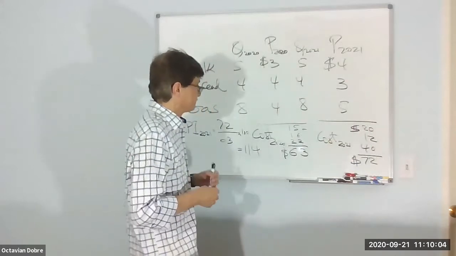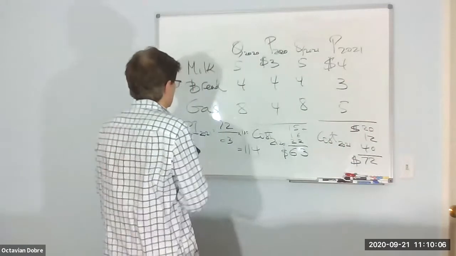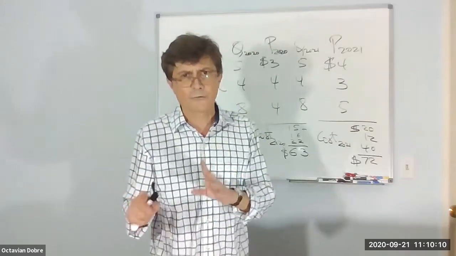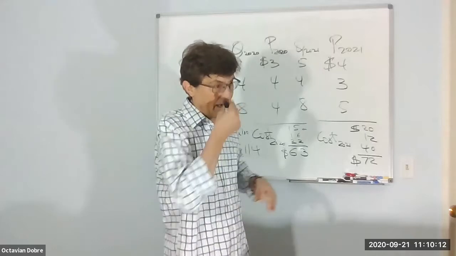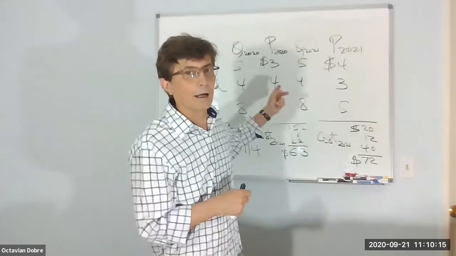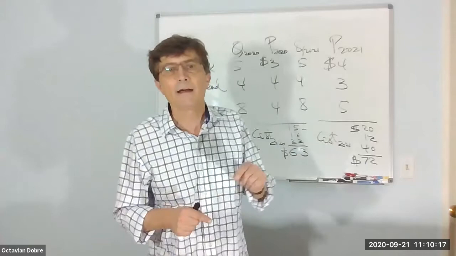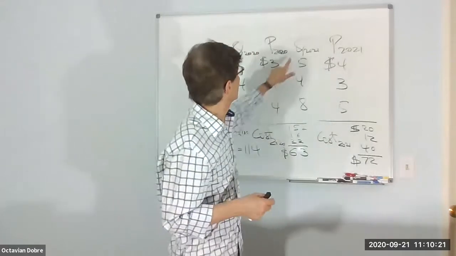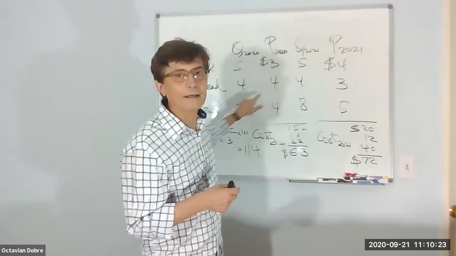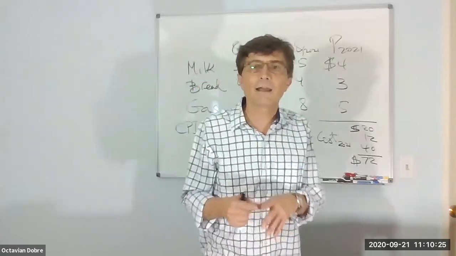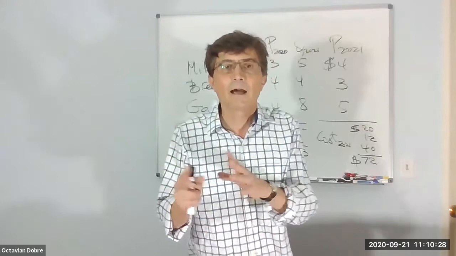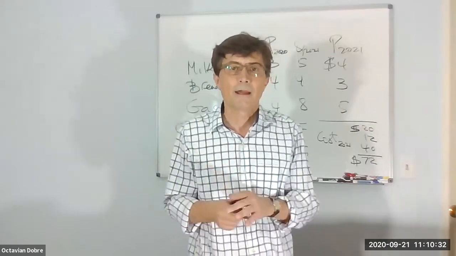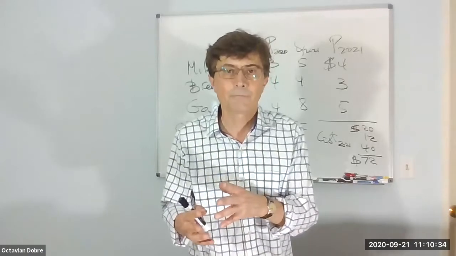Okay, folks. Now, I just want to mention one more thing. A few years back, the way that we measured the CPI has changed. Those quantities no longer stay the same. They allow for some changes in the quantities, and there's a reason for that.